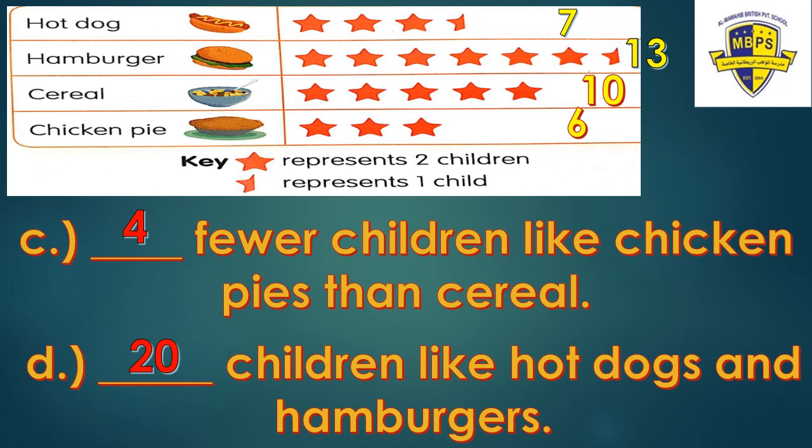Very good. 6 children like to eat chicken pie. Now, we have to find how many fewer children. Fewer means less. So, in less, we have to minus. 10 minus 6 gives us 4. So, 4 fewer children like chicken pies than cereal.